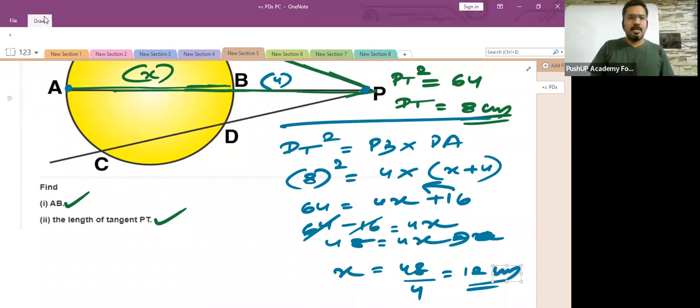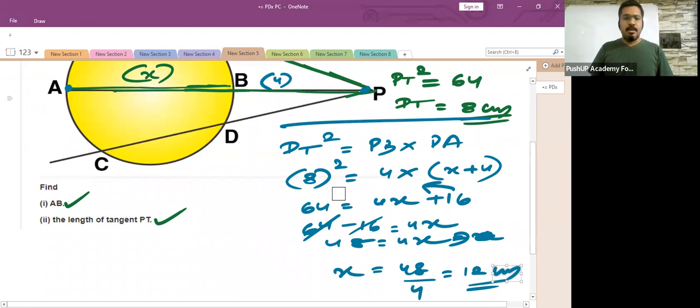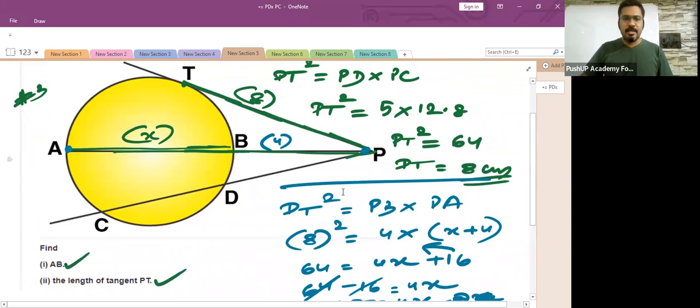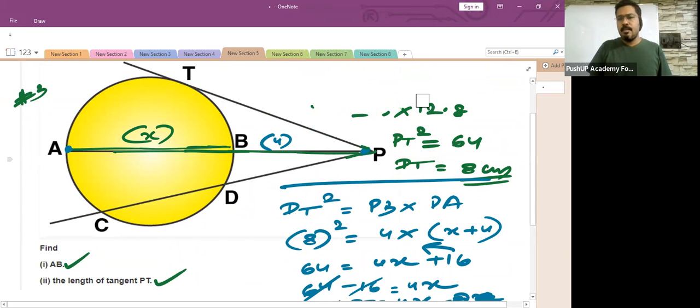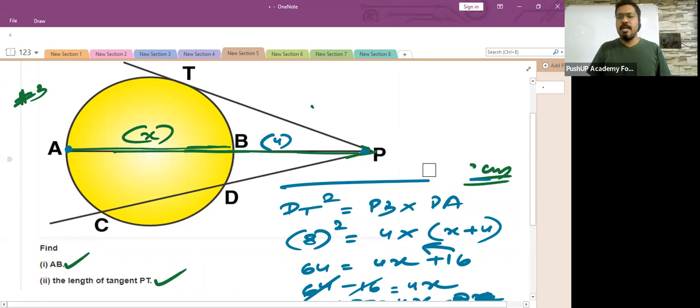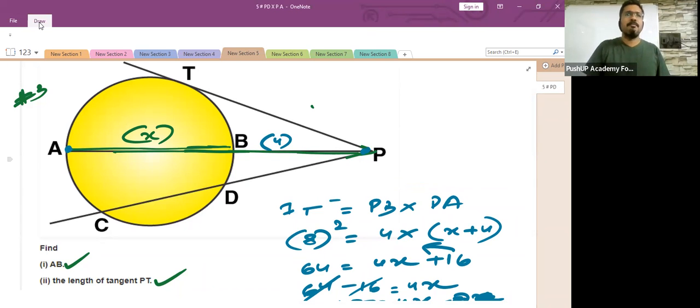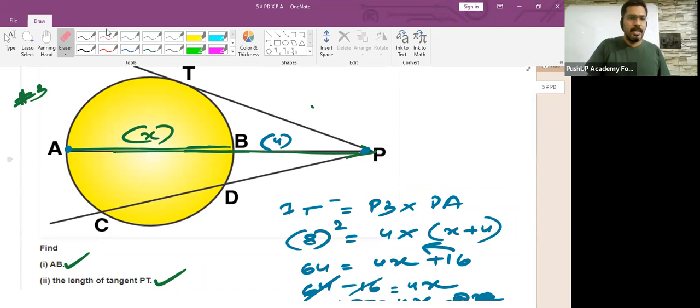Children, let's try it out once. What the student is saying is, can't we use the second formula for finding the value of AB? I think we can use it, children. Let's give it a try. The second formula, because he observed that chord AB and chord CD are both meeting each other externally at a point P. So that is a pure case of scenario 2, right?